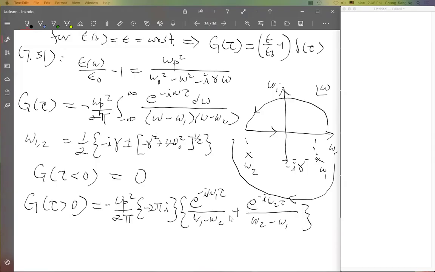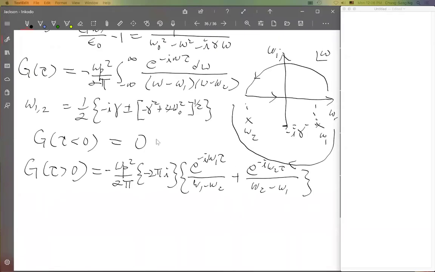Now omega 1 and omega 2 are given here, so the denominator is the same except for the negative sign. You basically subtract 1 from 2, and both are just exponential functions.